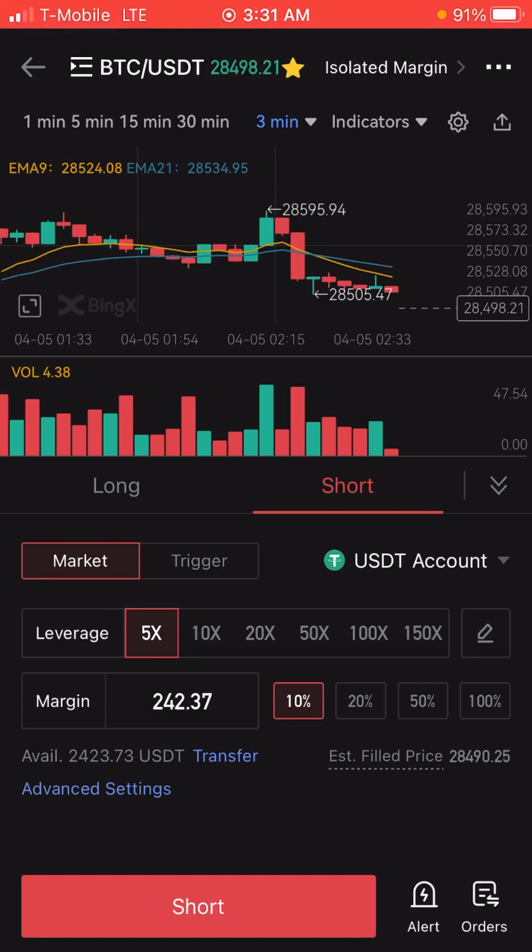I do 10% of my balance, slowly build it up, and once you get the hang of everything, then you can maybe start increasing your leverage and your margin over time. But you've got to get good practice of doing this, and you've got to see positive results first before you start scaling up to these higher leverages and margins.